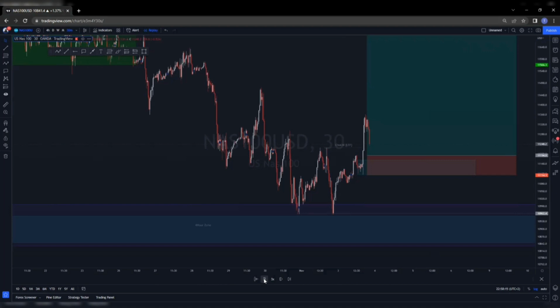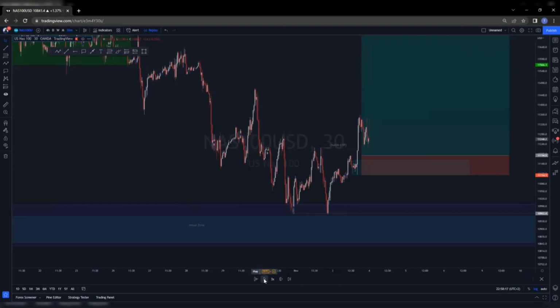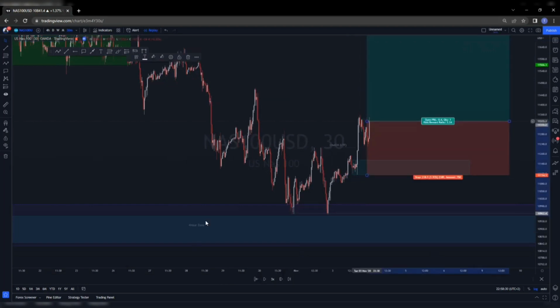Let's see. I feel like the trade's gonna leave me, but also we have liquidity here. So the market has incentive to take out this area of liquidity before shooting up.